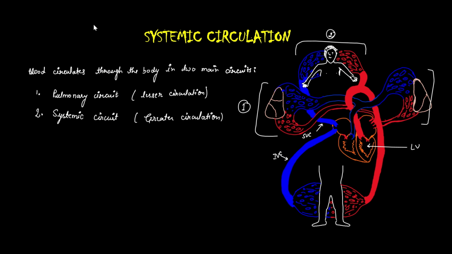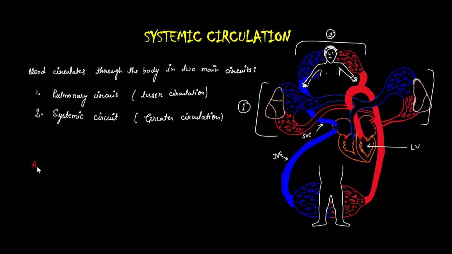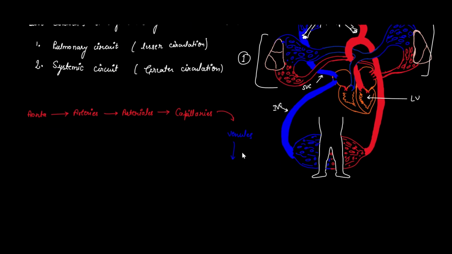The main pathway is, firstly, the blood goes from the aorta to main arteries, then from main arteries to arterioles, then from arterioles to capillaries, then from capillaries to venules, then from venules to veins.